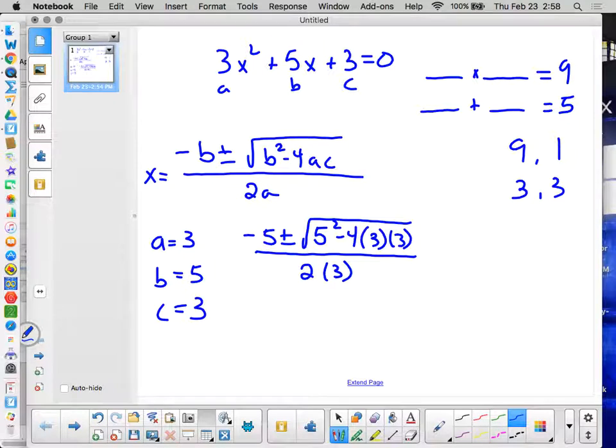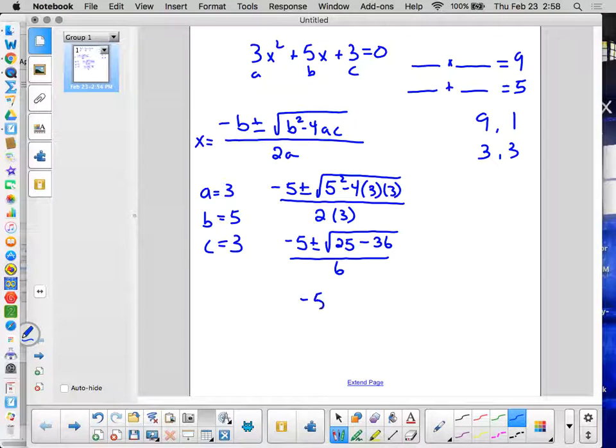Now, remember, it's important to realize the whole thing is over 2a, not just the negative 5, not just the square root. The whole thing is being divided by 2a. We then simplify that. That's negative 5 plus or minus the square root of 5 squared, which is 25, minus 4 times 3 is 12, times 3 is 36, all over 6.